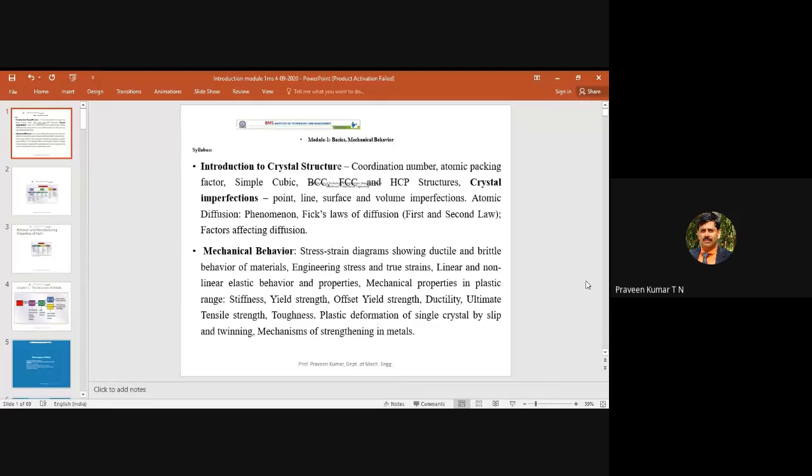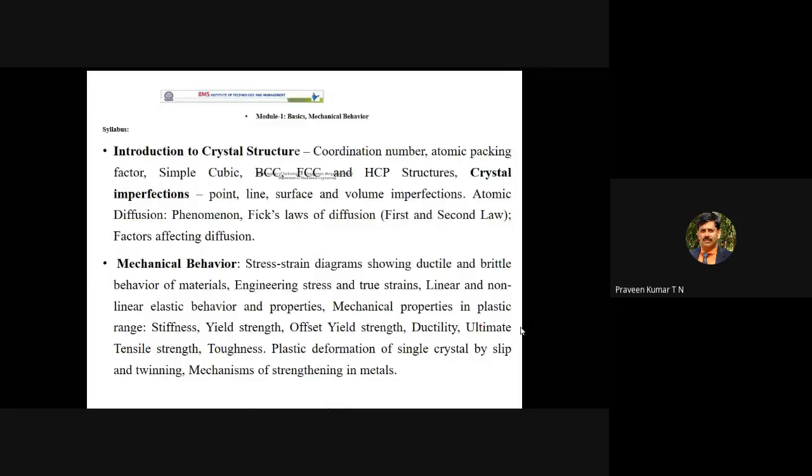One is the formation of BCC, FCC, and HCP. Already we have discussed. From the atomic level, initially when metal is in the molten state, atoms are randomly moving. Only when it solidifies, or we can say when it crystallizes, then depending upon what type of material you are freezing or crystallizing, you will get BCC, FCC, or HCP structure.